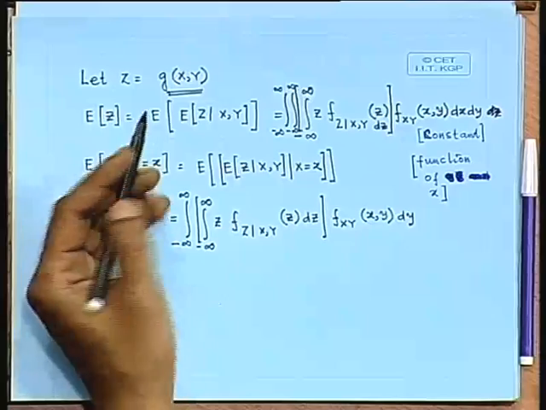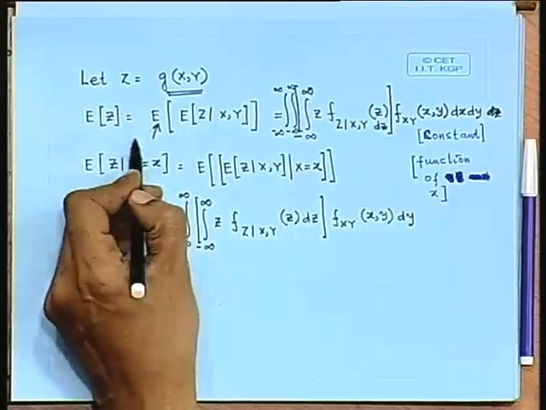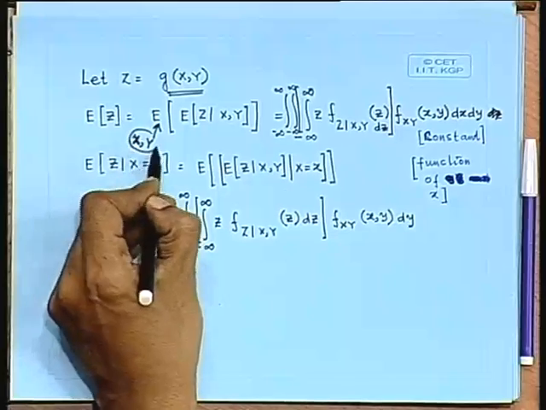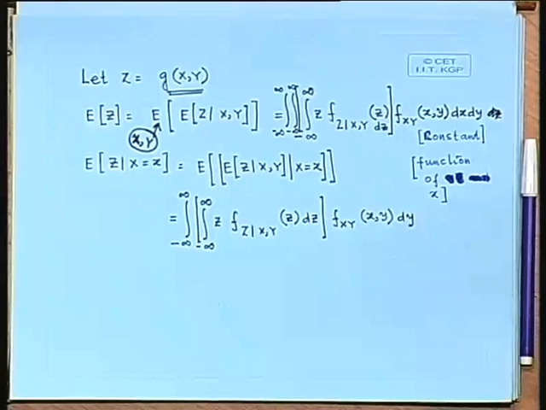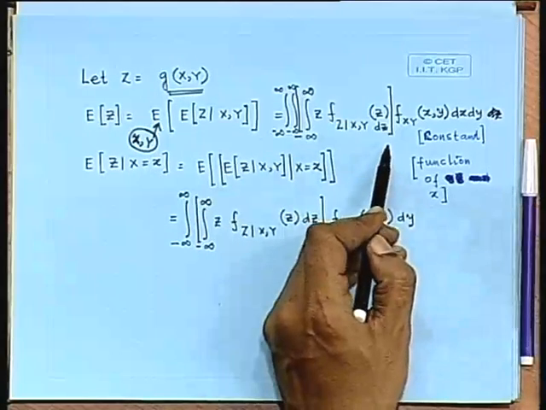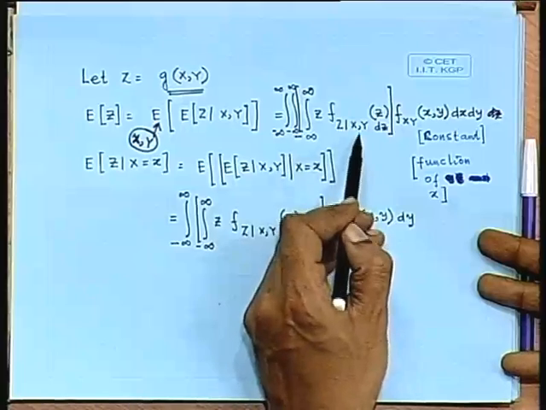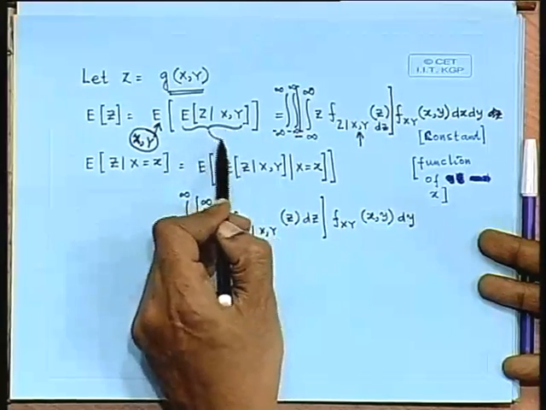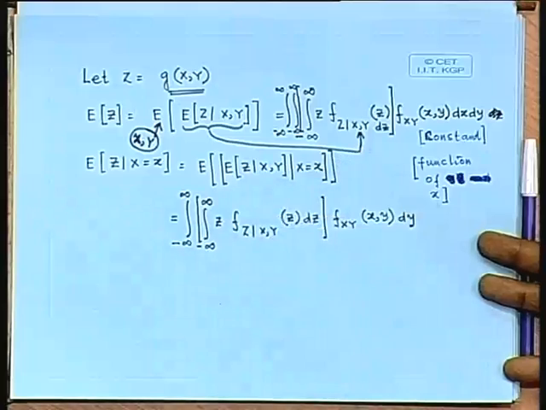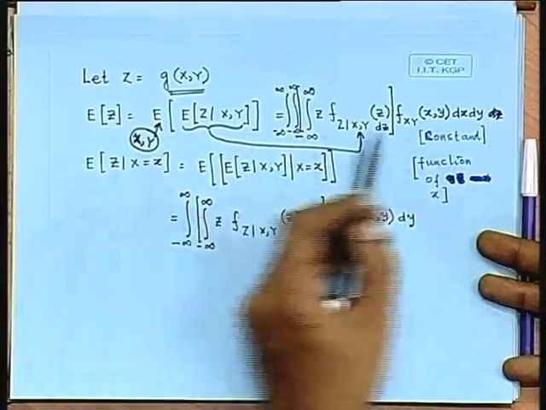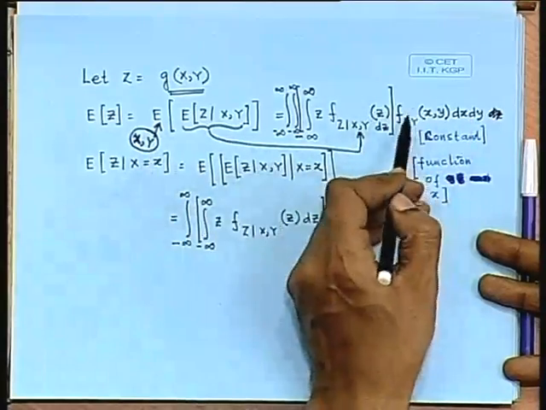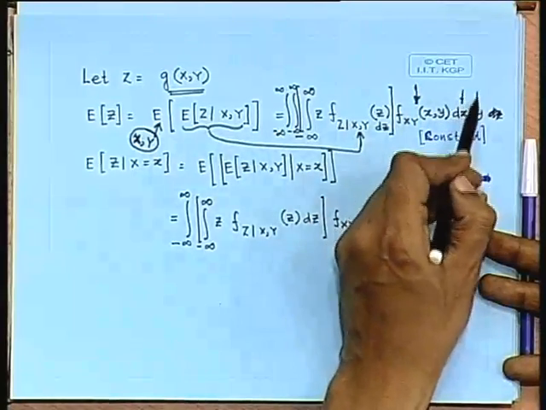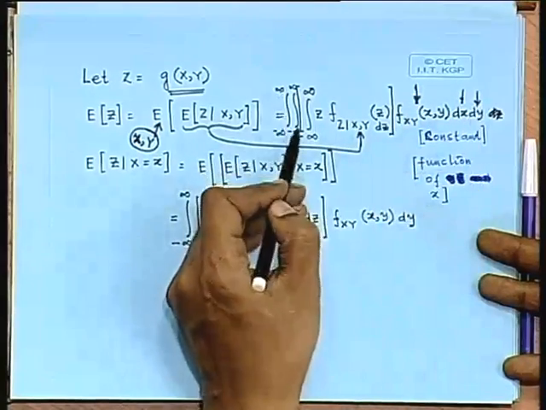Same rule we are applying, only now this expectation is over x and y both. This is my conditional expectation, and then I am taking the joint expectation over x and y. So I have added the joint distribution, I am multiplying by dx dy, and I am integrating from minus infinity to plus infinity.